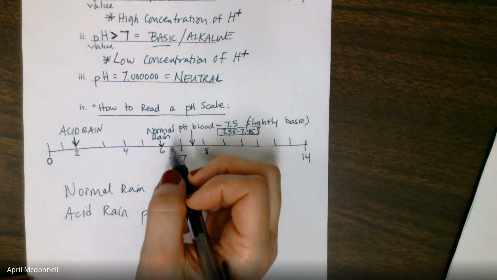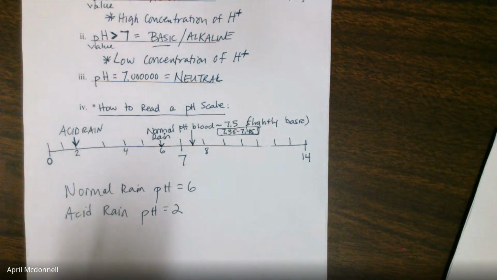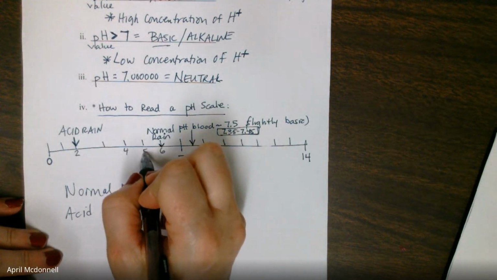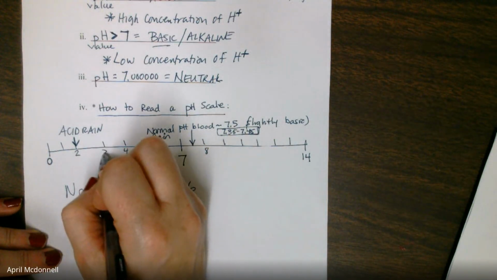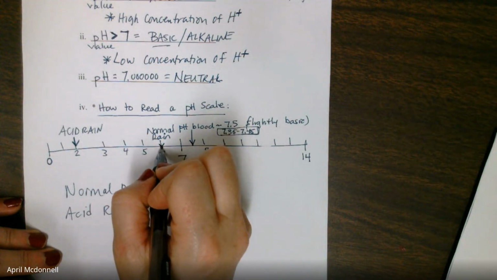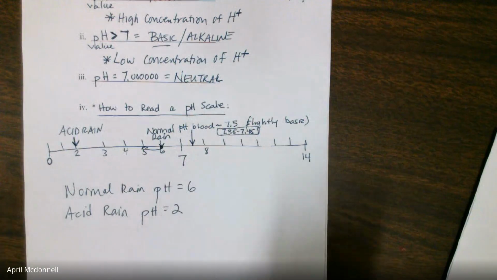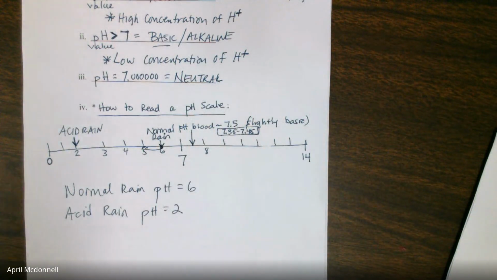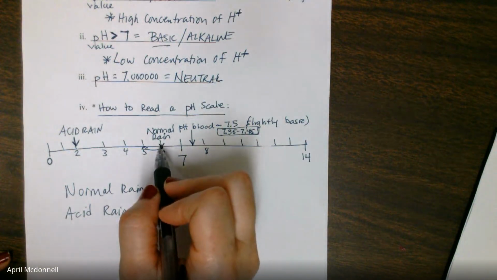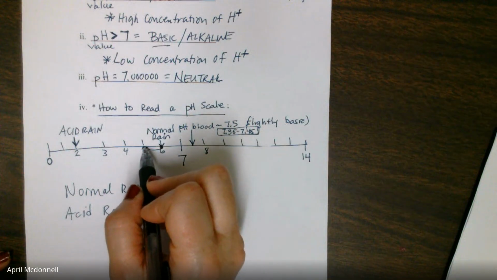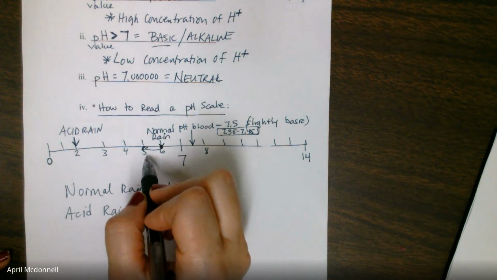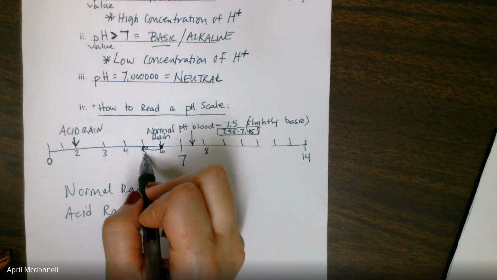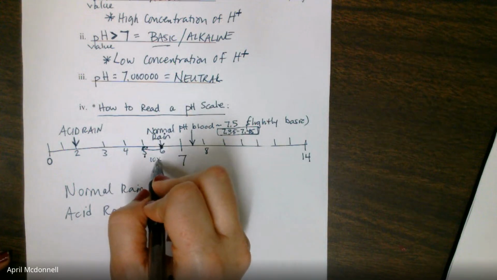Okay, so it turns out, and please mark this down, that when you move on the pH scale from one value to the next, you increase or decrease acidity by 10 times. So if you move from a pH value of 6 to a pH value of 5, that means your new substance, which is a pH value of 5, is 10 times more acidic.